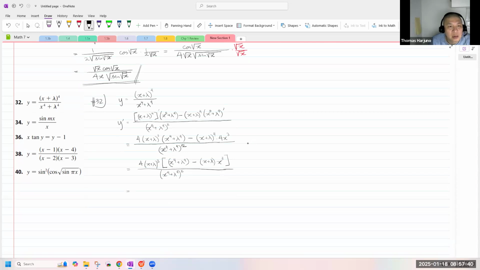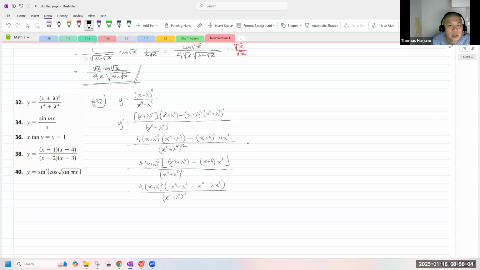Oh, something cancels later on. So I have x to the 4th plus lambda to the 4th minus x to the 4th minus lambda x cubed, over (x to the 4th plus lambda to the 4th) squared.